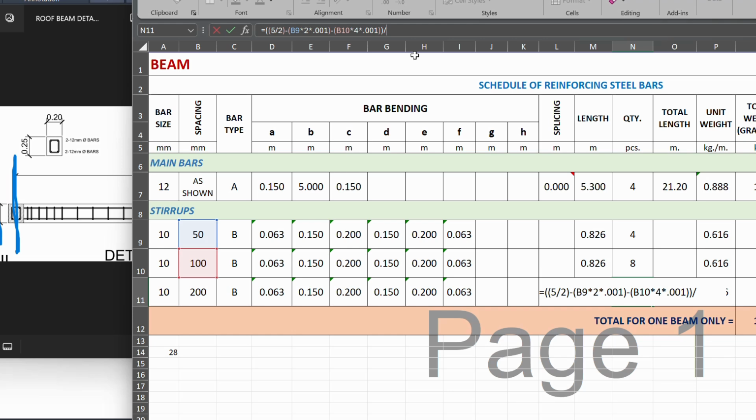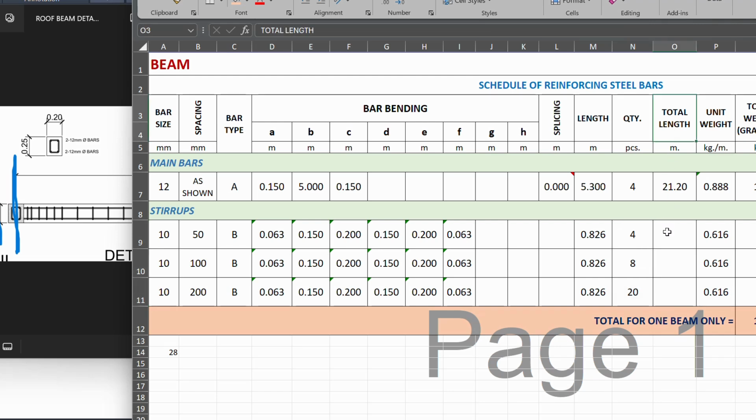Since 200 mm must be in meters, I will open a parenthesis, 200 mm times 0.001 to make it meters. So this is the quantity of the stirrups in half of the beam: 10 pieces at 200 mm spacing. Because this is just half, we multiply it by 2.